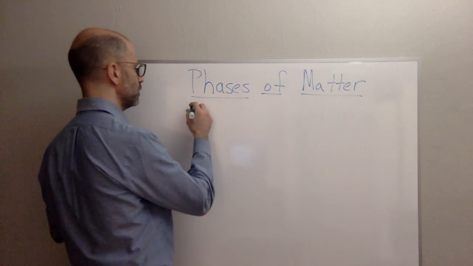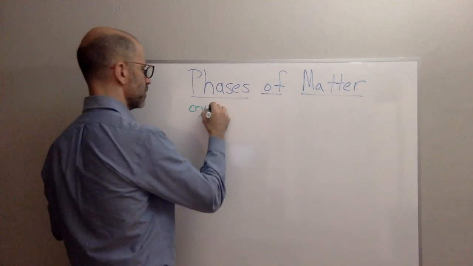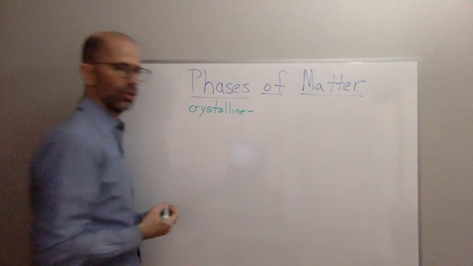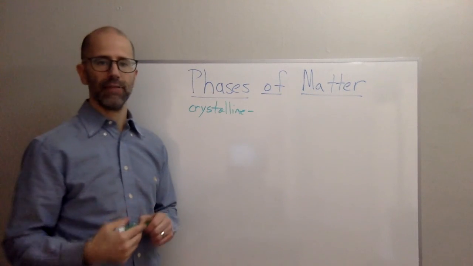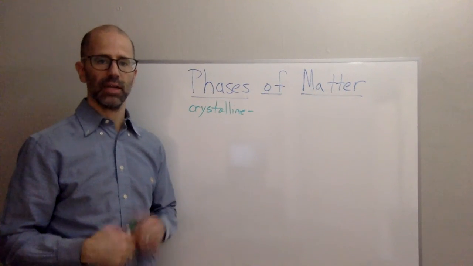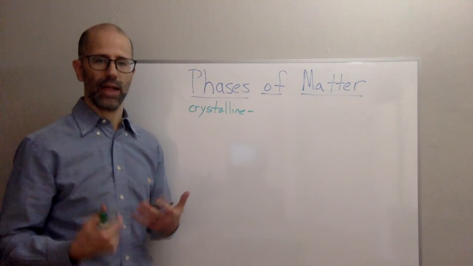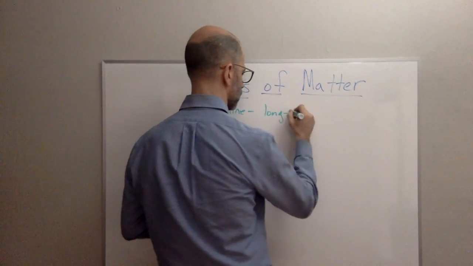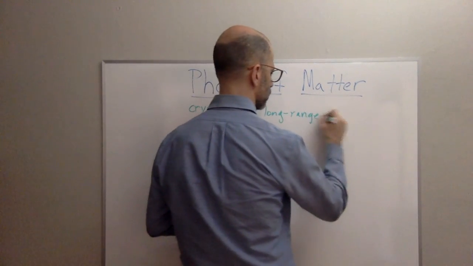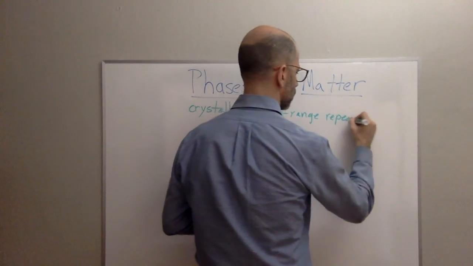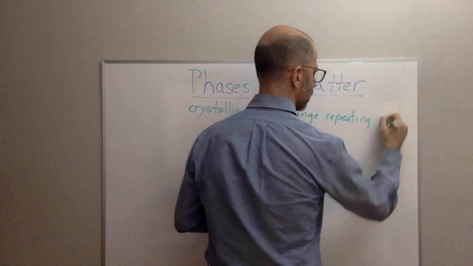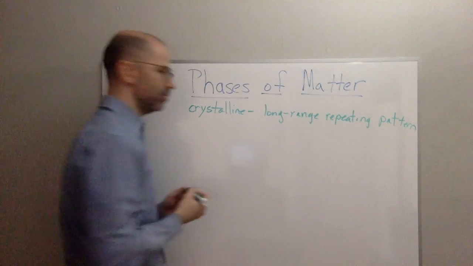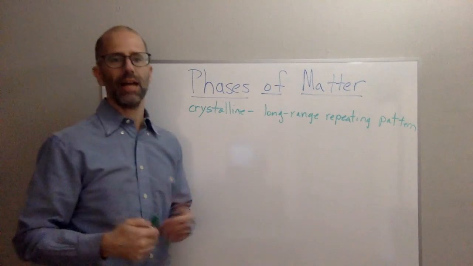So, crystalline substances are substances that do have a long-range repeating pattern, or they're highly ordered. So there's a lot of order to them.